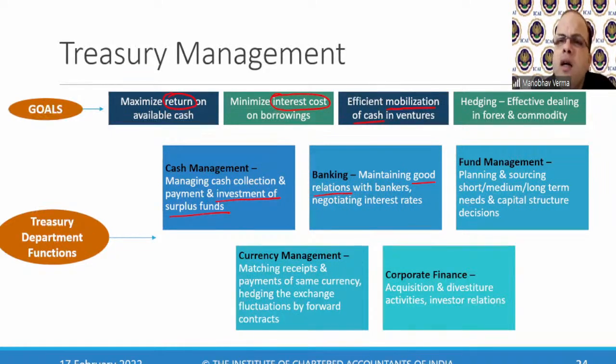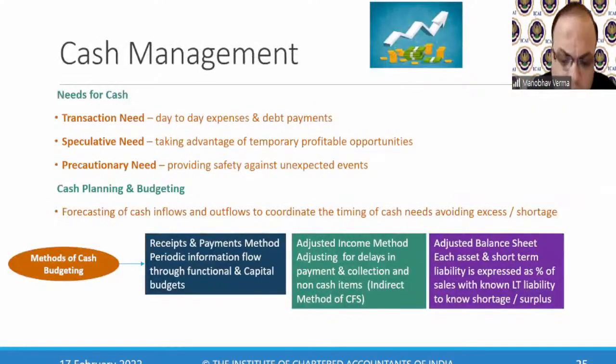So these are various important aspects with respect to treasury management, but specifically we are focusing right now on cash management. I think we all agree that right from your first lecture we understood that what blood is to a human body, finance is to any business, right?